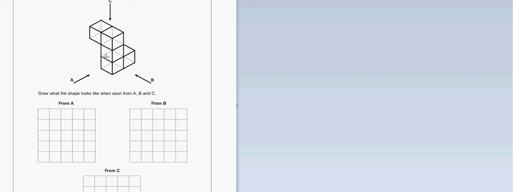Okay, now they don't say exactly where they want this drawn. They just say that they want it drawn somewhere. So they just want to see each square here represents each square here.